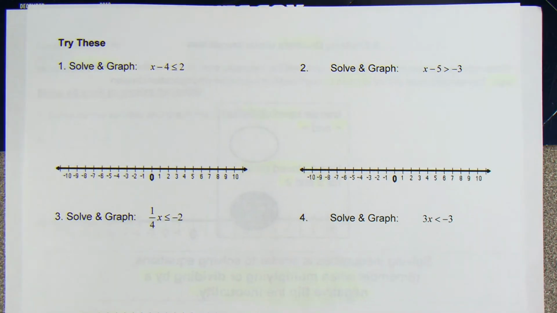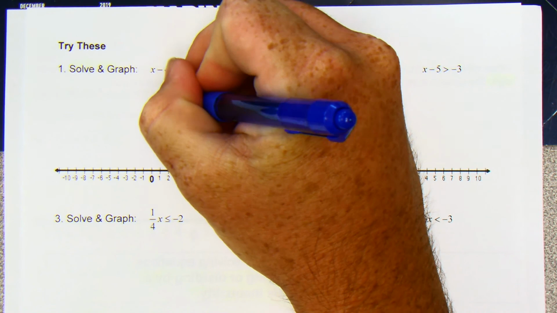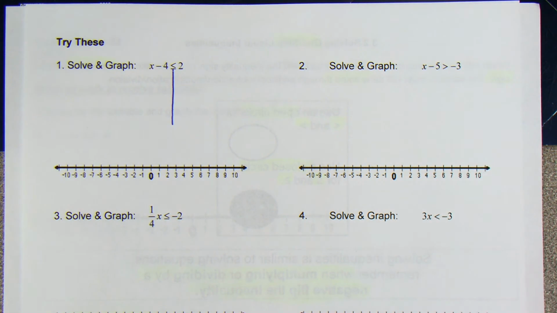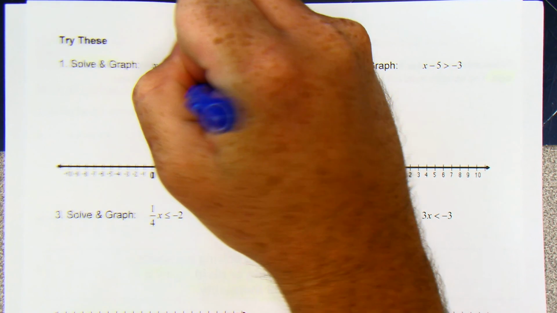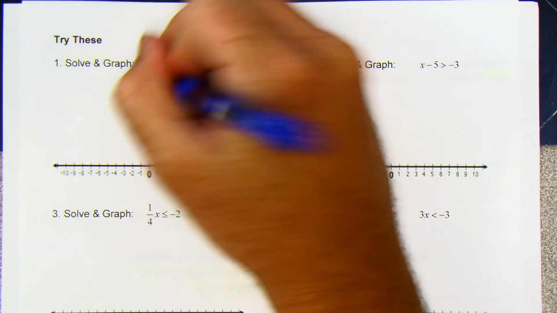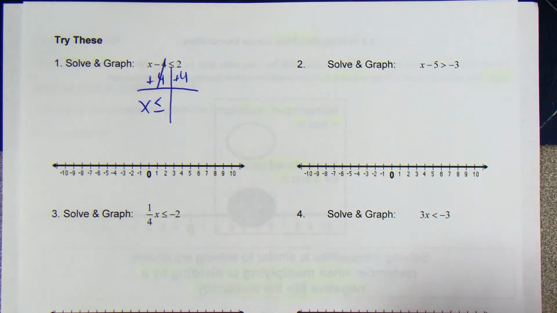All right, so we have x minus 4 is less than or equal to 2. So I'm going to draw my line straight down. I know I need to get that negative 4 to the other side of that inequality sign. So I need to do the opposite. The opposite of a negative 4 would be a positive 4. So I'm going to add 4 on both sides. So these cancel out. I'm left with x. I'm going to bring down my inequality sign is less than or equal to, and 2 plus 4 is 6.